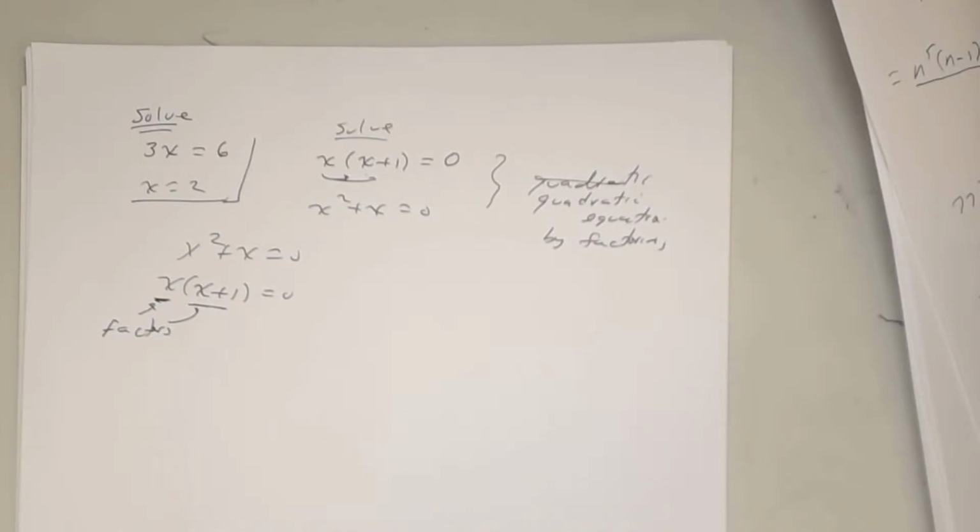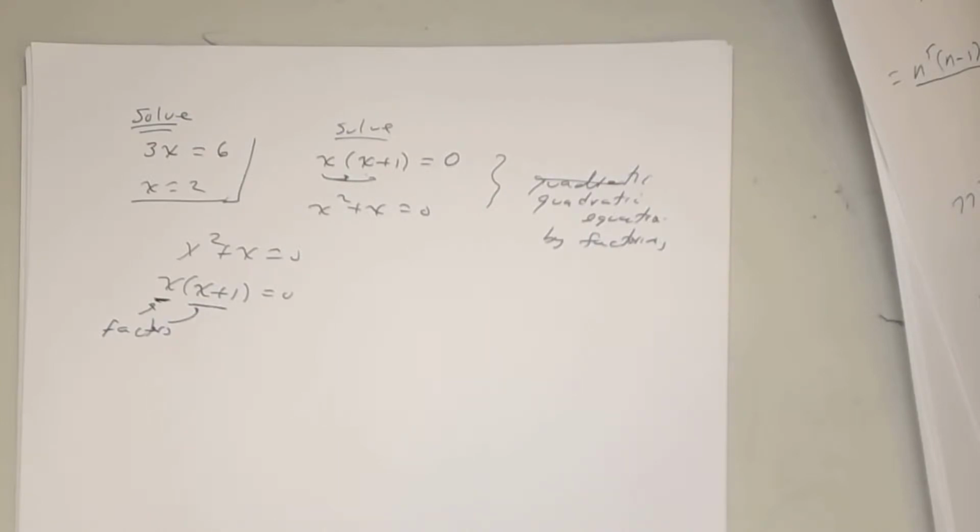Product is 0. Well, if you have two numbers whose product is 0, then one of them better be what? 0. Right? 5 times what is 0? 0. 8 times what is 0? 0. So if I have two or more factors whose product is 0, then one of them must be 0.